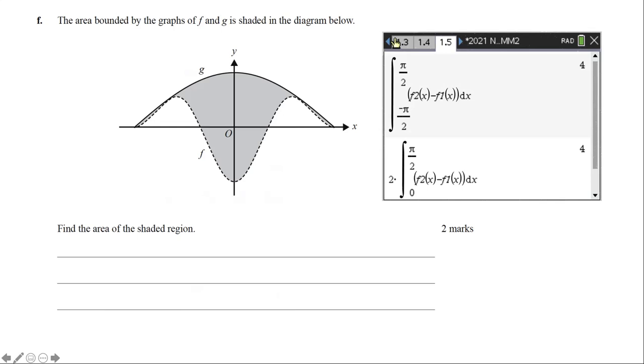On my CAS calculator, the corresponding expression should be f2 of x minus f1 of x, okay? But on your paper, you have to be consistent with the notations given in the question. G of x minus f of x. And the area is 4. So question 1 is pretty easy and straightforward. Let's move on to the next one.